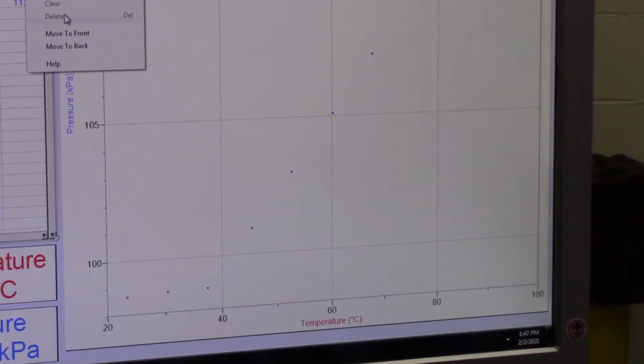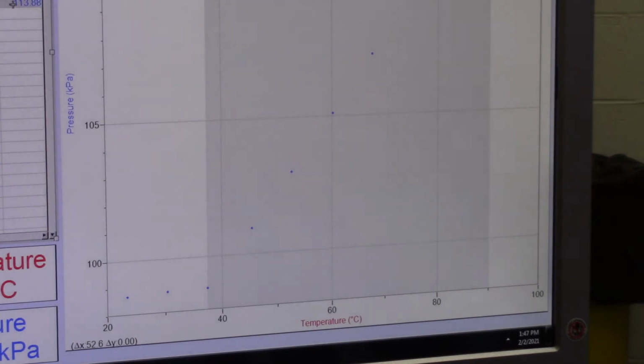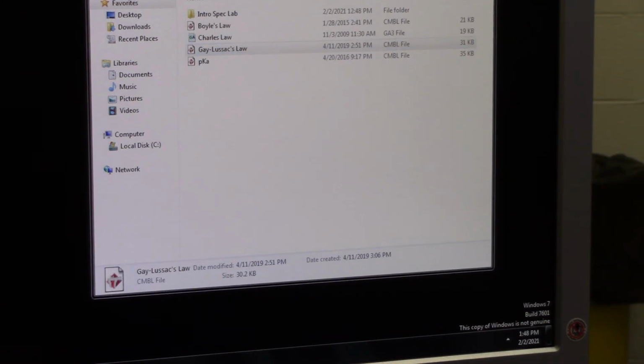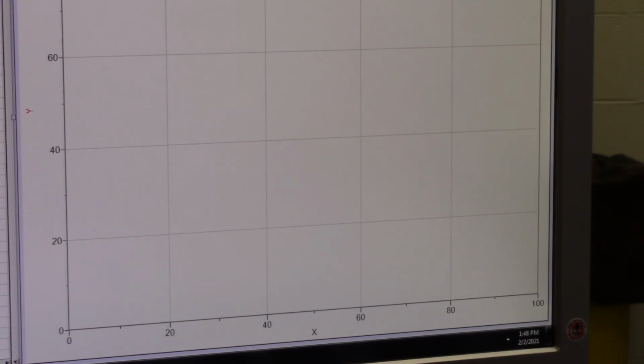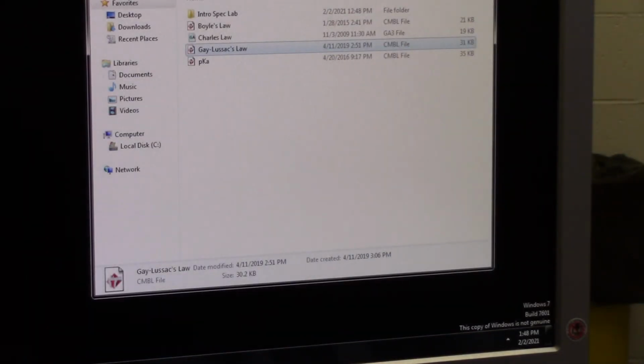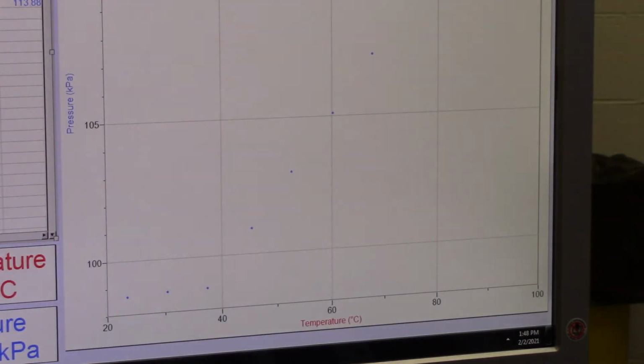Let's see if this works. Okay. There might be some way to do it. Copy.